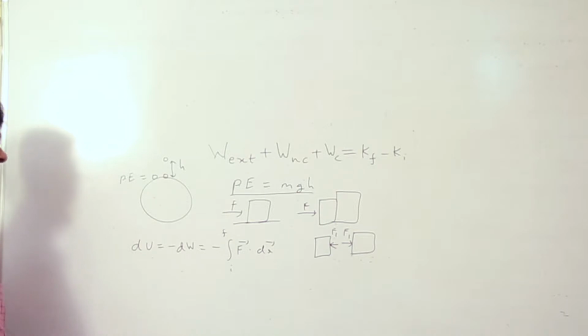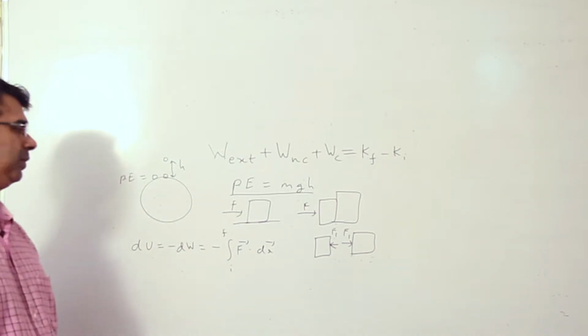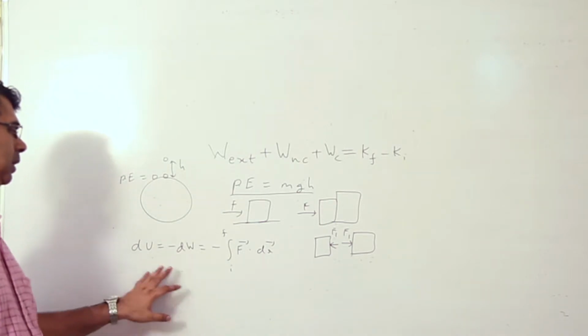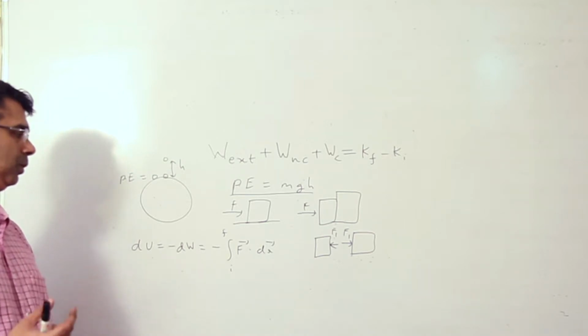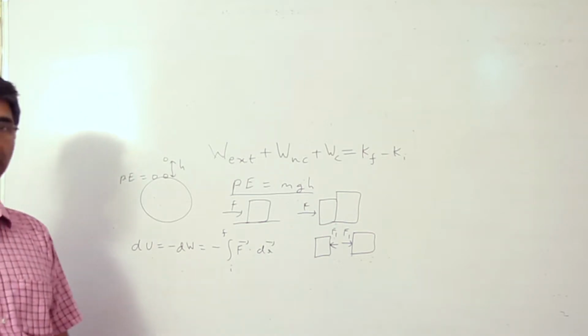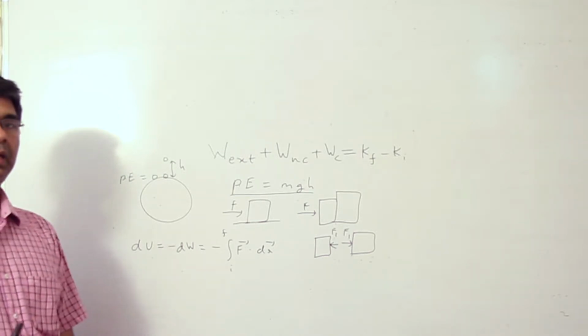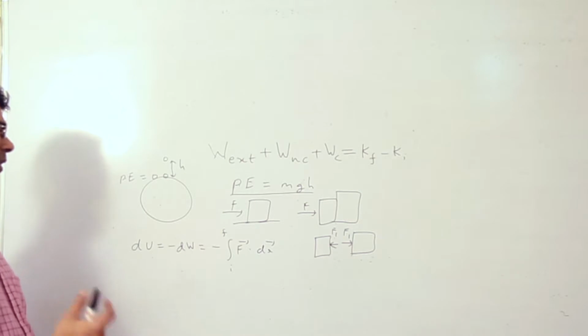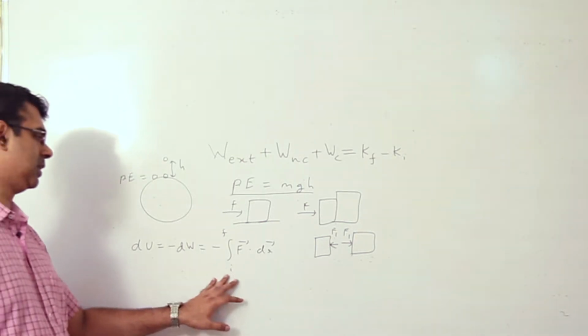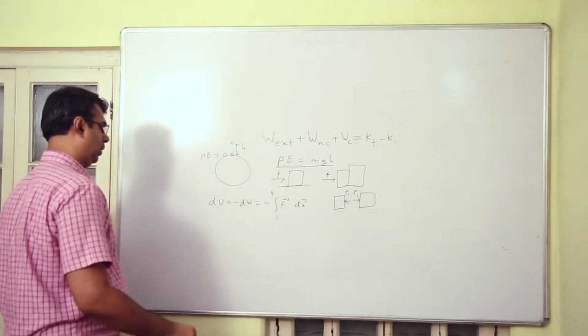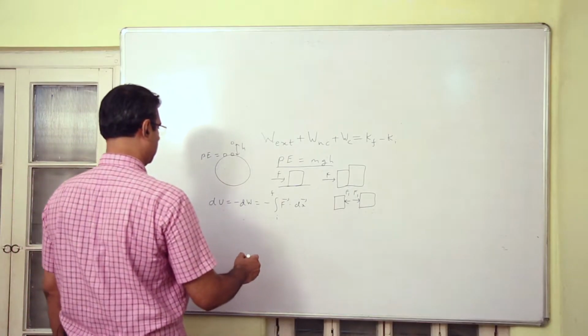The interesting thing is that we are able to define the change in potential energy, but we are not talking about the potential energy definition in absolute terms, because for that we need to know the zero potential or the reference value. So the change in potential energy is the negative of work done by all the internal conservative forces.